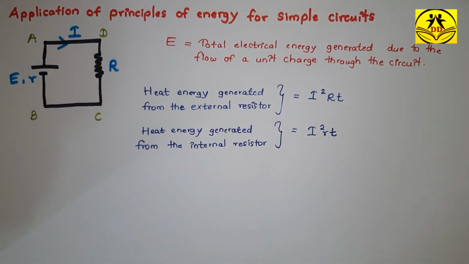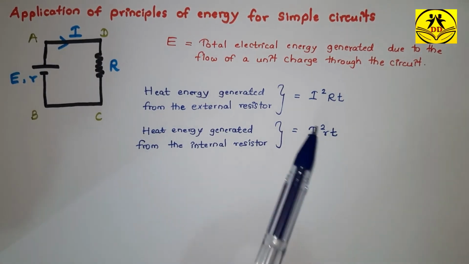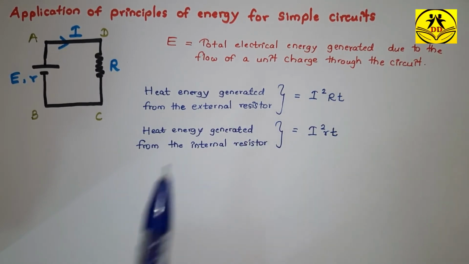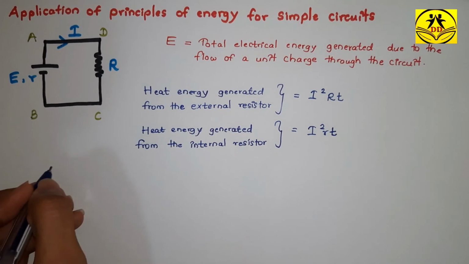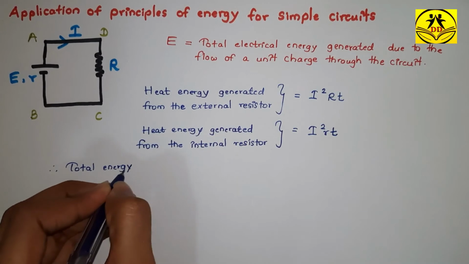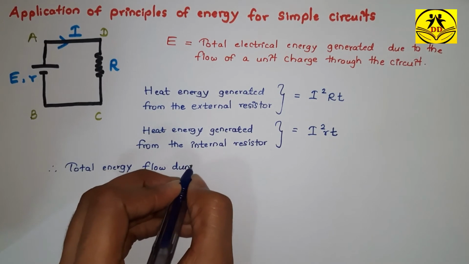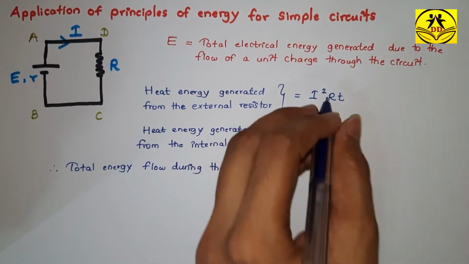So if we consider the total energy flow during a time t, the total electrical energy flowed during time t is converted to the heat energy generated from the external resistor and the heat energy generated from the internal resistor. Therefore, the total energy flow during the time t equals the sum of these two.